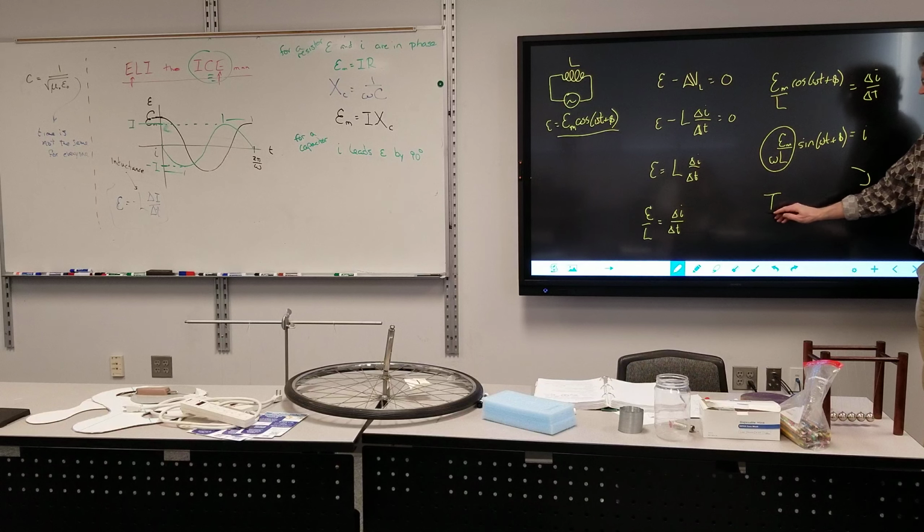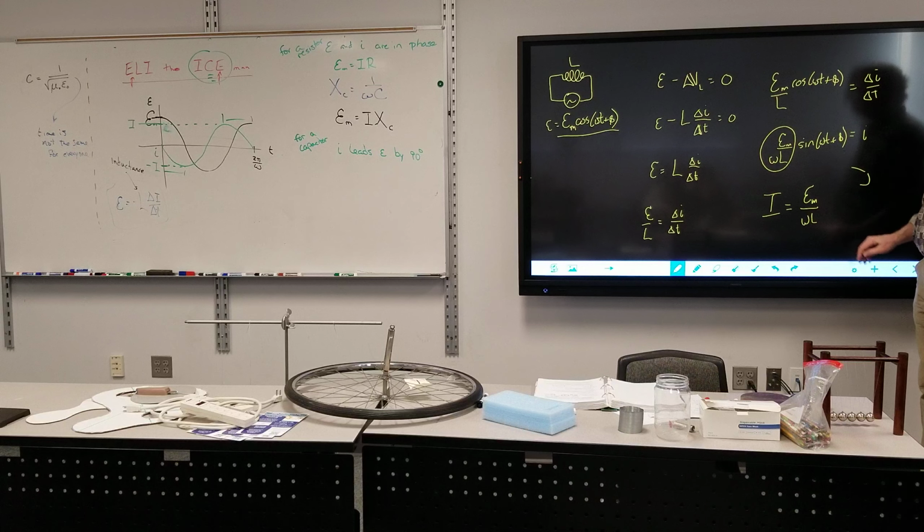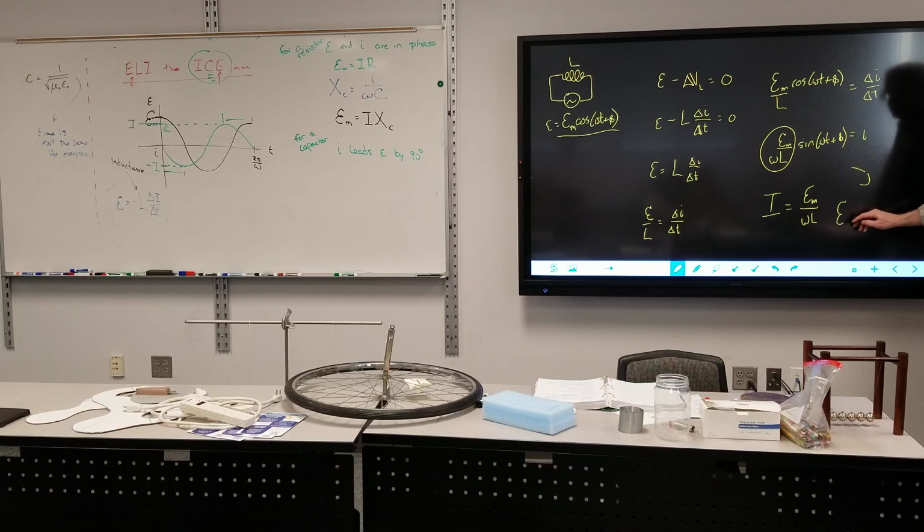So my maximum current is going to be epsilon, my maximum voltage over omega L. My maximum voltage is equal to I times omega L. So putting it into Ohm's law form, we have my voltage is equal to current times that, which we represent as an X with a lowercase l.